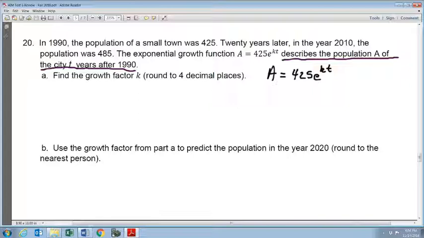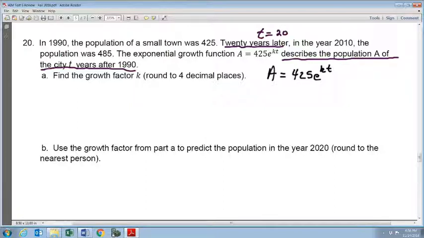So we must have been given the A and the t in order to find k. So let's see here. It says 20 years later, so the time is going to be 20. 20 years later, the population was 485, so the 425 grew to 485.